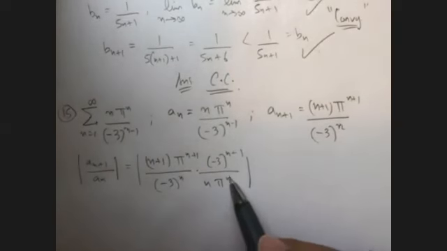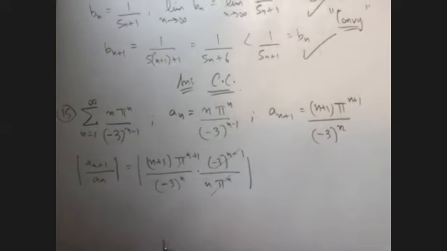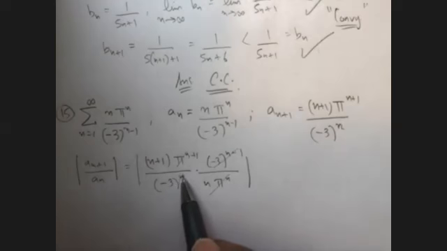There is some cancellation. This pi^n will cancel out this pi^n, leaving behind a pi. Similarly, this will cancel out this, leaving behind a -3.